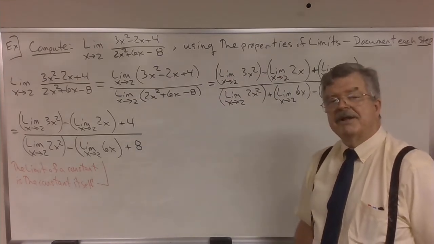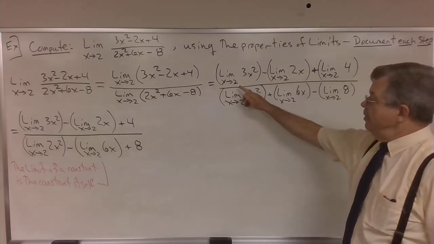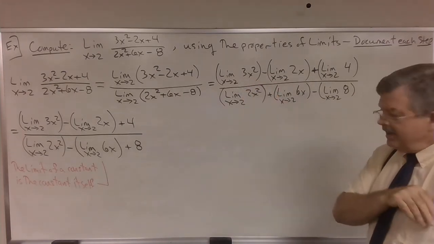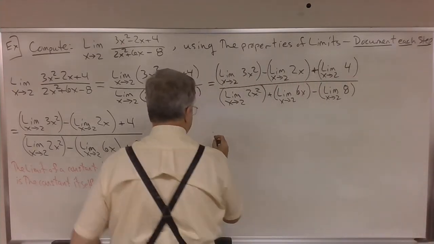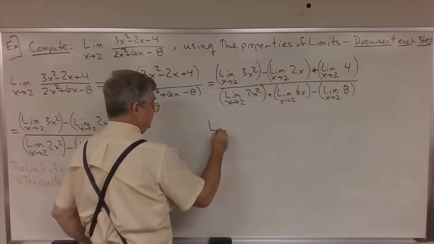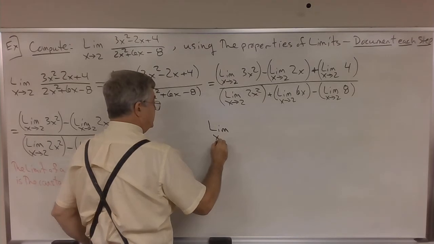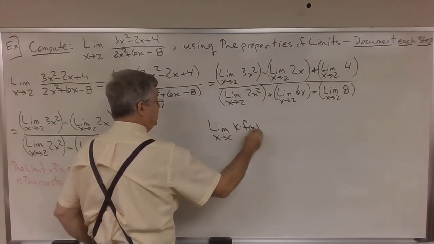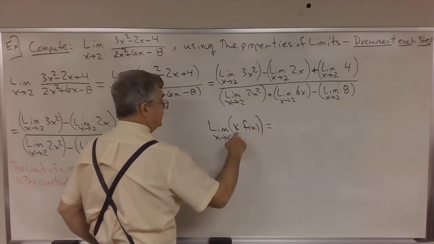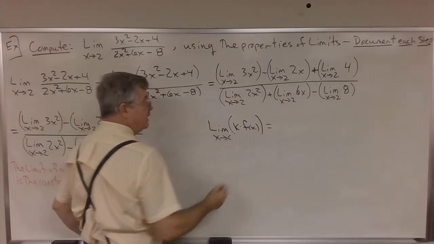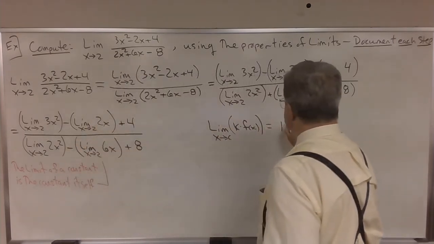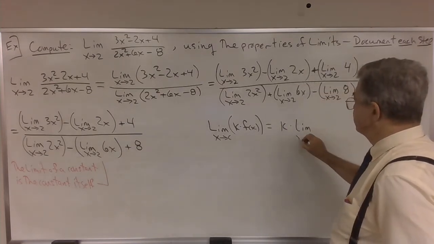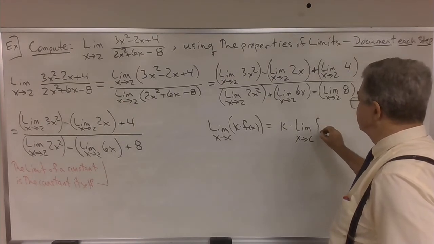That property tells us that the limit of a constant times a function, let's say k is a constant, is equal to the constant times the limit of the function.